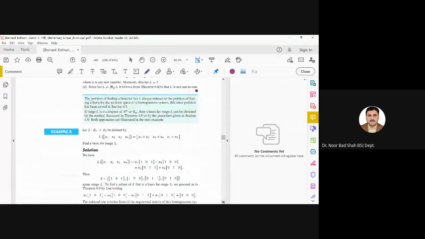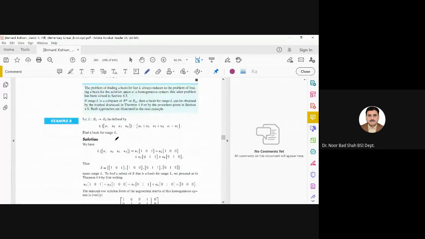This is another example. You can find a basis for the range of L. So how do we do it? You would separate all these things. You would say u1, 0, u1, plus u2, 0, 0. Next one is 0, u3, u3. Next one is u4, 0.